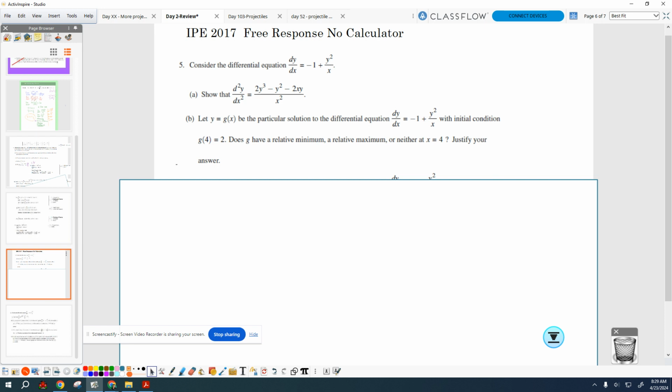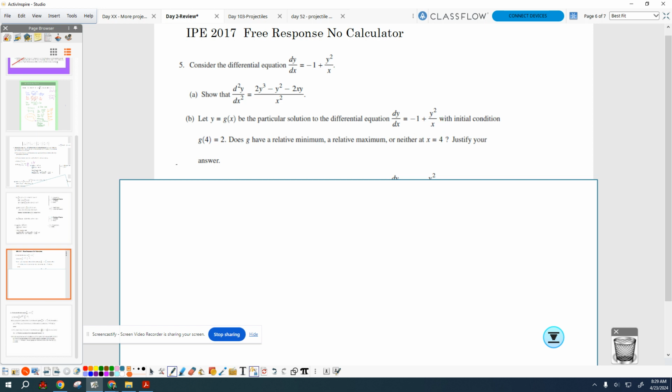So how do I figure out if this thing has a relative maximum, minimum, or neither? We've asked this a bunch of times. Brady, what do you think? But can't you just multiply by dx? No, because it's addition. If you multiply by dx, it's just how do I get y squared out there? Right.